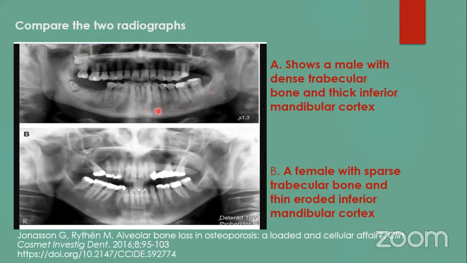The trabecular bone is quite dense there, but it is quite sparse in this image. Then looking at the mandibular cortex, the inferior border of the mandible, in the top image you can see it is distinguished and thick, but in the lower image it is thin. It is thin and quite light, it's eroded.